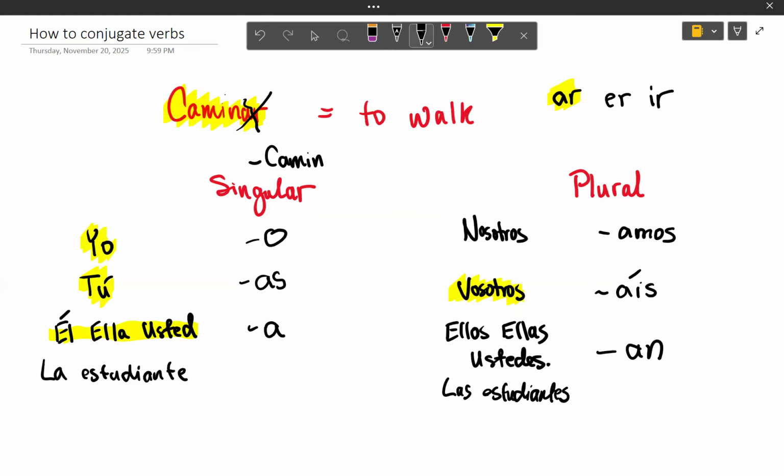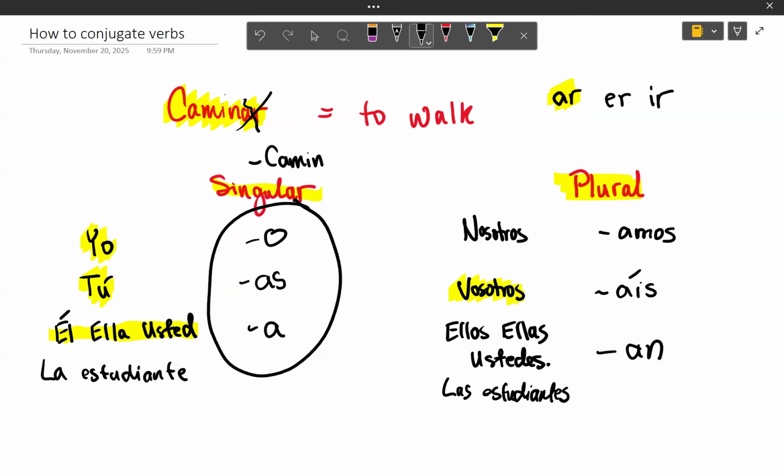So what you have to decide, if it doesn't fit into this pattern where it says yo, tú, él, ella, usted, nosotros, vosotros, etc., if you have something that you really don't know what to do with, what you're going to decide first is, is it singular or is it plural, right? If it's singular, you're going to go down to this side and decide which of these it fits.